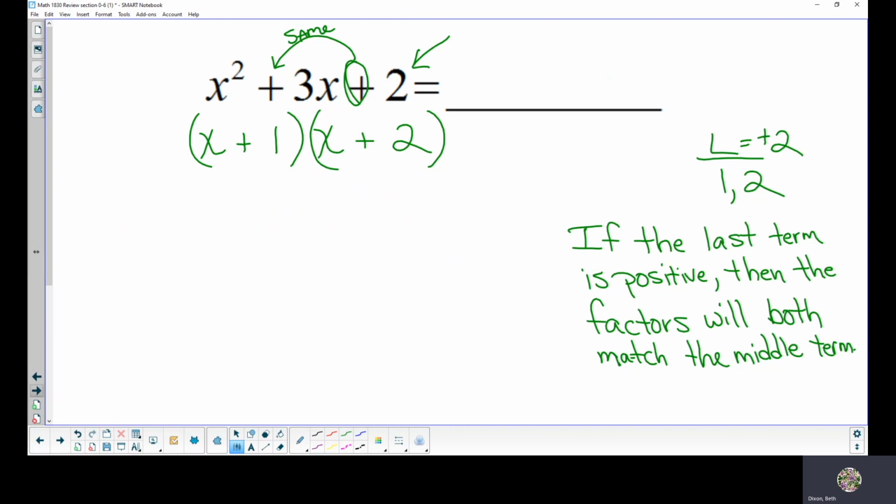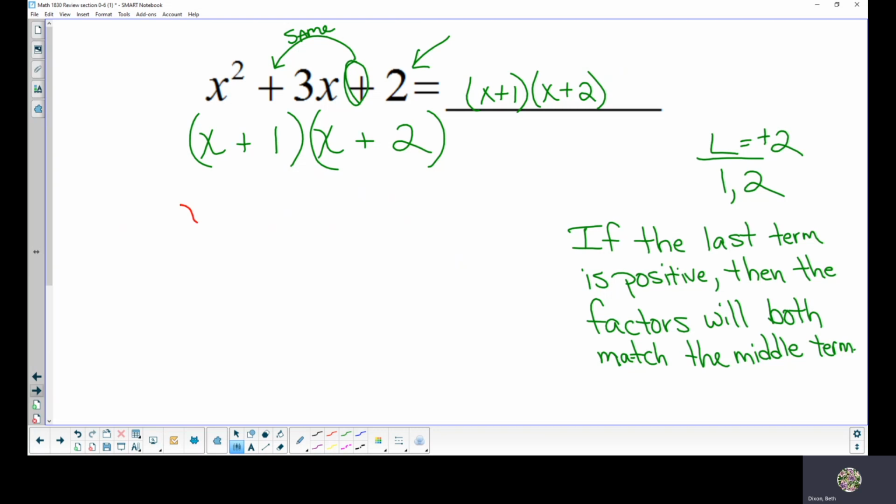Now, why is that so? Well, we know that the answer is going to be x plus 1 times x plus 2, or this does not factor. Why? Because the only possible answer I have to multiply to get 2 is 1 times 2. However, let's look and see how that works when I use FOIL to check this.